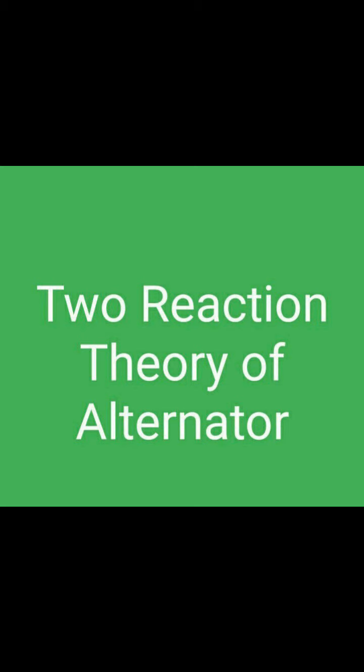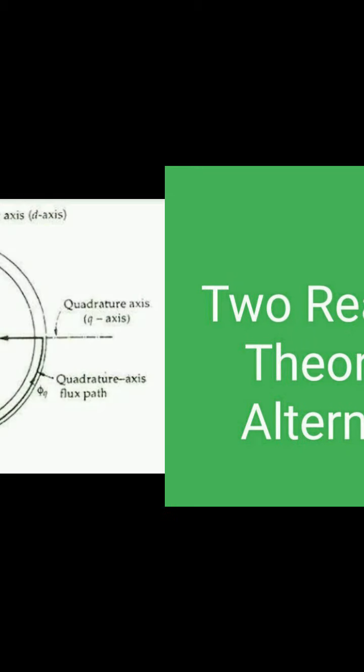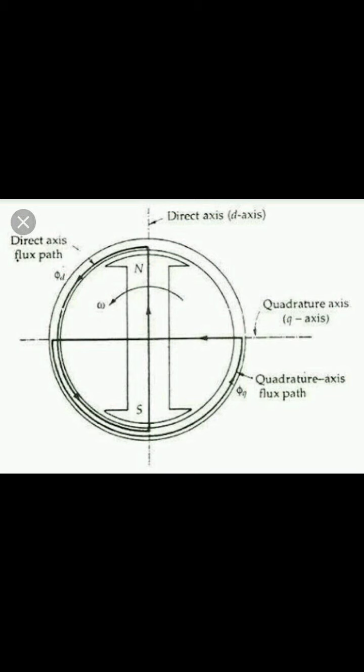That type of theory is two reaction theory. Basically this theory was proposed by Andre Blondel, a scientist. So let's start to discuss the two reaction theory of a synchronous machine.